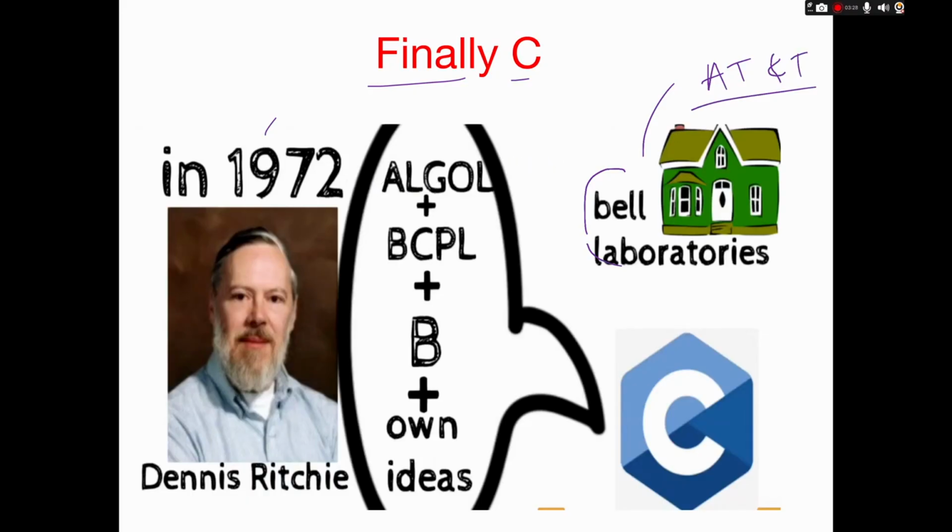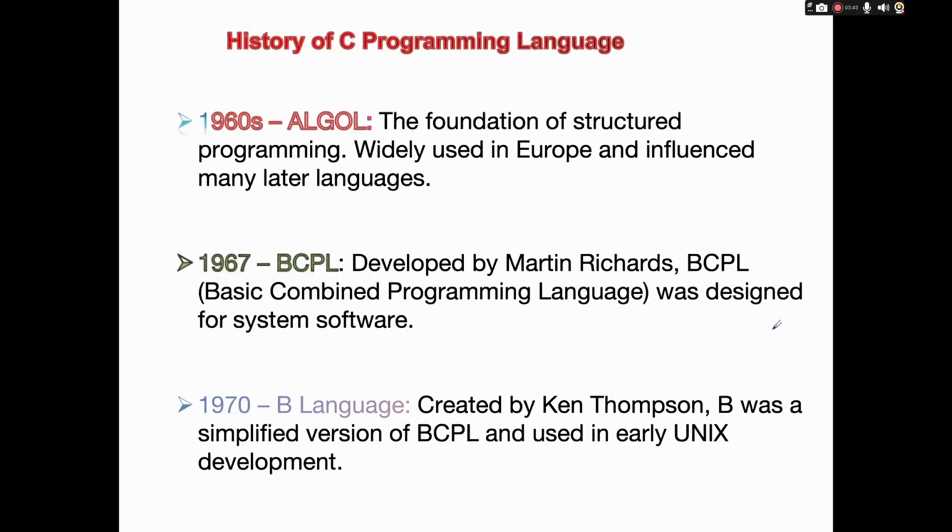Dennis Ritchie used certain features of ALGOL plus BCPL plus B, and with his own ideas, C was born. So this is the birth of the C language. This history helped a lot in developing certain standards in C language as well.